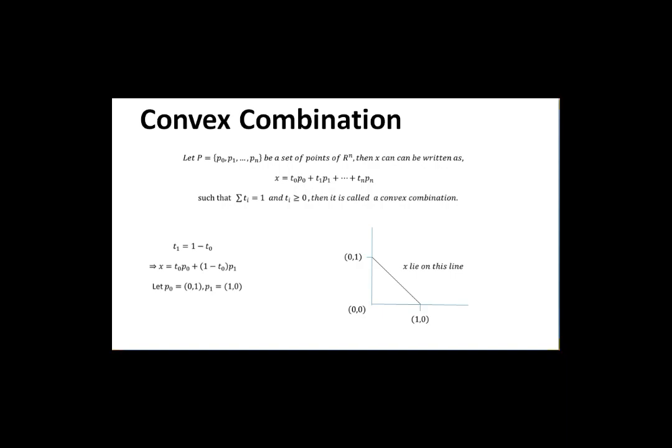So this means that T naught is not going to be more than 1, and it is also not going to be less than 0, because in either case T naught or T1 will become negative. So this implies that our line is restricted to the first quadrant. So it actually becomes the convex combination, as it restricts our line to a line segment in the first quadrant.